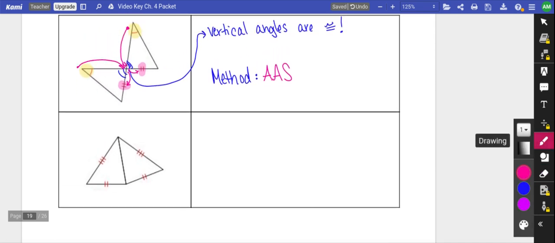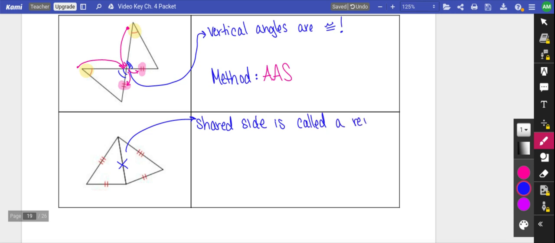For this next one, we can also prove that these triangles are congruent because they share a side. This side here, we usually mark it with an X, is a shared side. And in geometry, we call that a reflexive side.